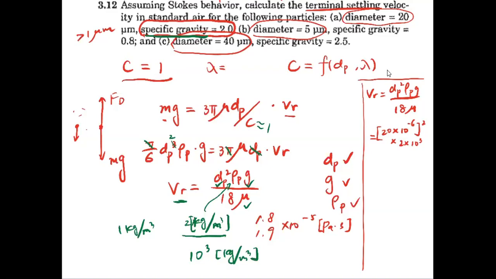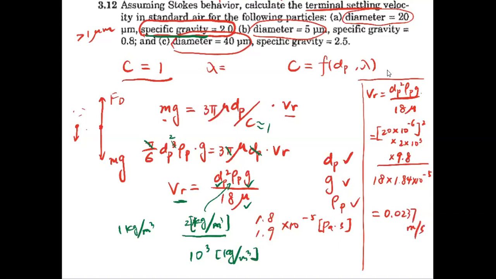This is the density, right? And then multiplied by 9.8. This is the gravity. And then you divide by 18 multiplied by 1.84 times 10 to the negative 5. So this is also the standard units, okay? If you use the calculator, you can find out that the final answer is 0.0237 meter per second.